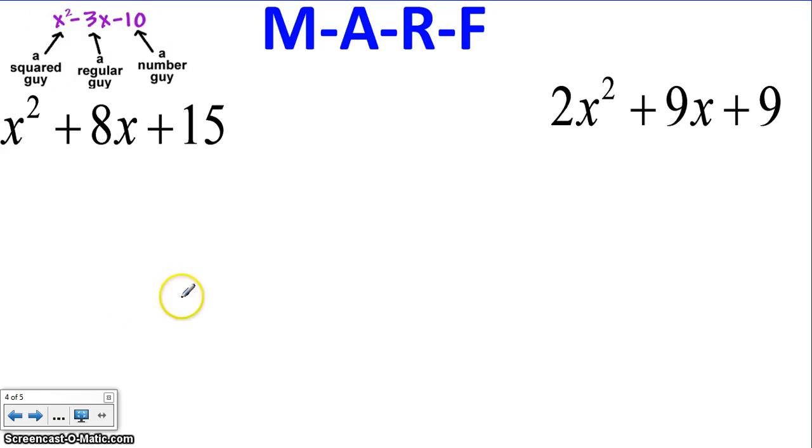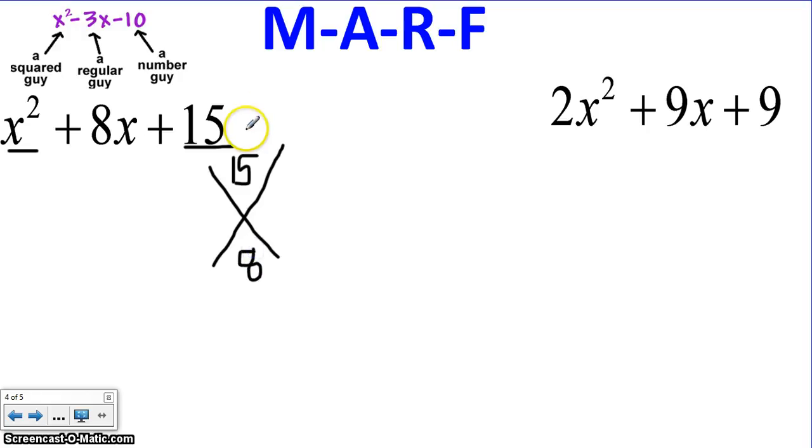Okay, so I'm going to teach you how to do the AC method. Here we have x squared plus 8x plus 15. You want to start by making your little x here, and you want to multiply the 15 times the 1, and you'll get 15. And then you'll bring the 8 down.